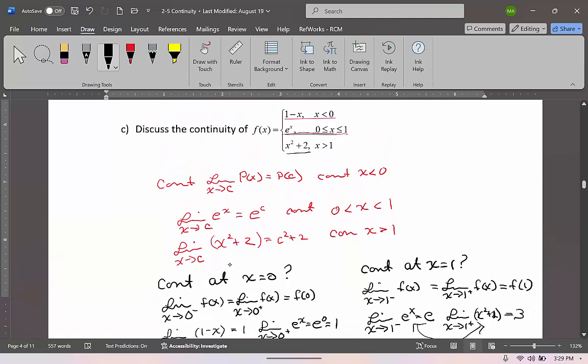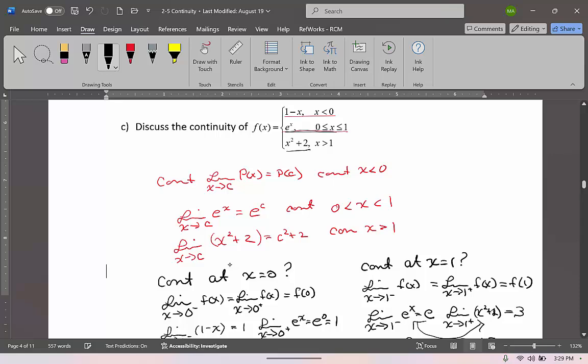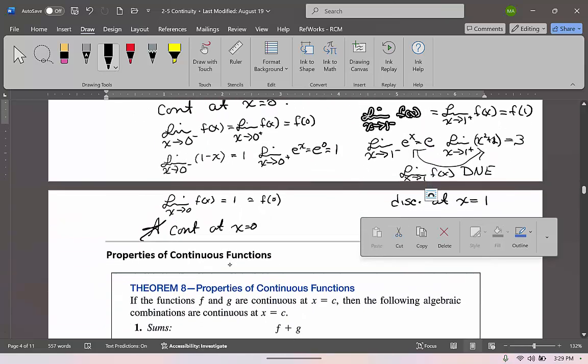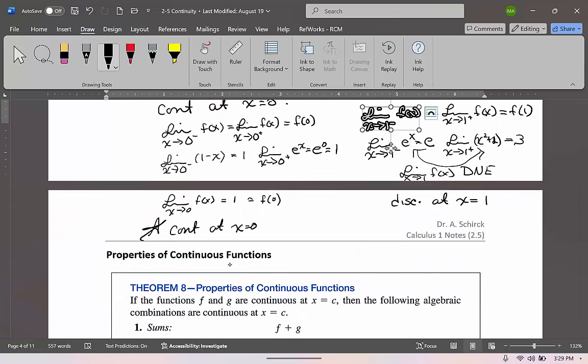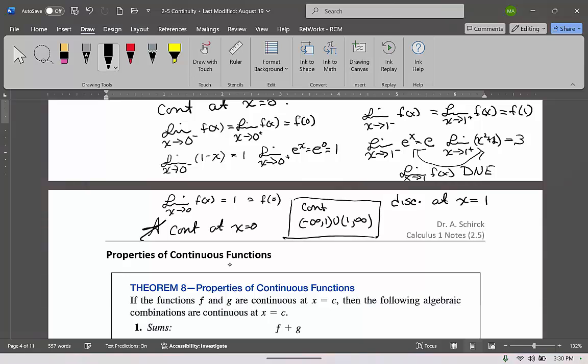So that means basically this function is continuous everywhere except at x equal 1. And therefore we would say it's continuous on the interval from negative infinity to 1, union 1 to infinity. So basically we have everything less than 1, everything greater than 1, and we are simply excluding x equal to 1.